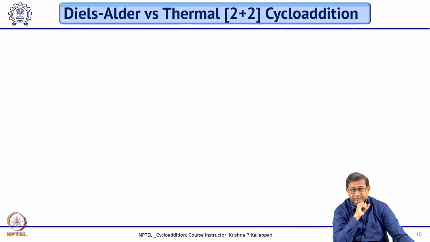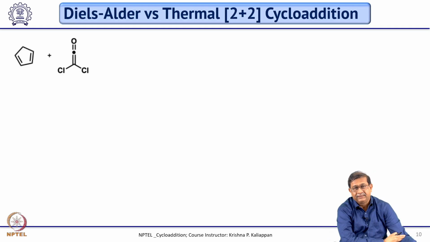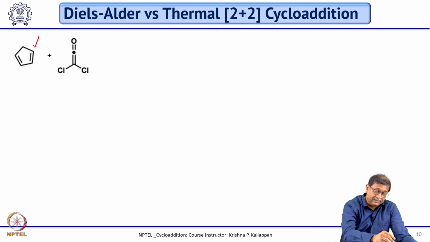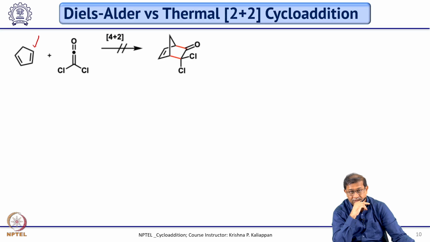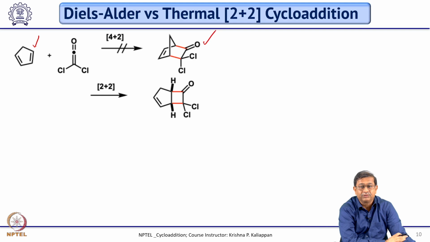So, now you have diene and ketene. Will it undergo Diels-Alder or thermal 2+2? For example, you take cyclopentadiene and then treat with dichloroketene. Dichloroketene, we all know, will undergo 2+2. So, with cyclopentadiene, one of the double bonds will undergo 2+2 cycloaddition and not both double bonds to give the 4+2 cycloaddition product.